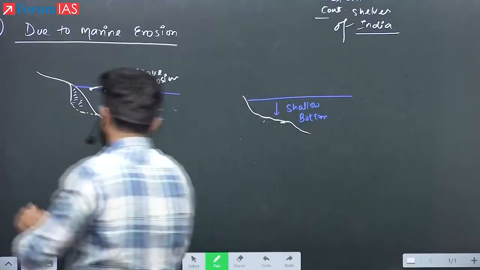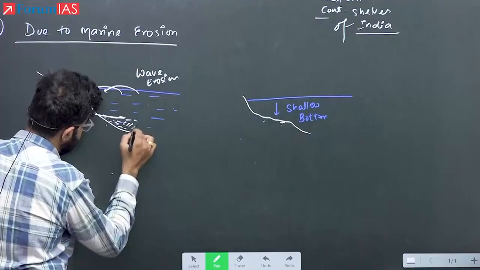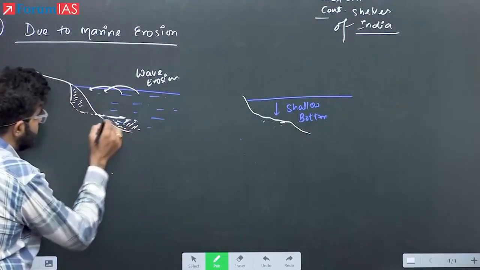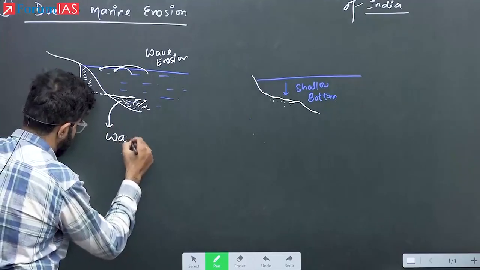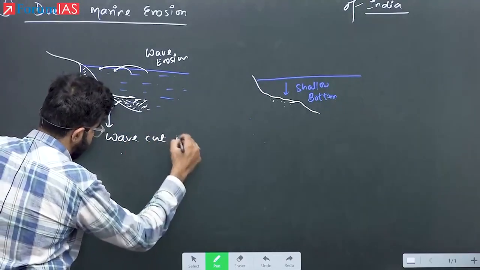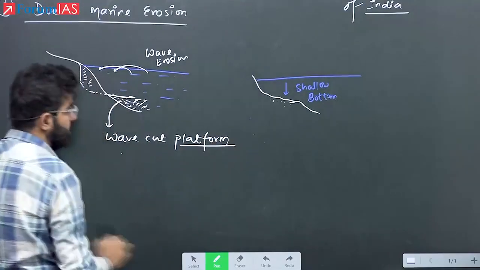This type of platform which has been created here is created by the waves' action. Therefore, this is known as a wave cut platform.